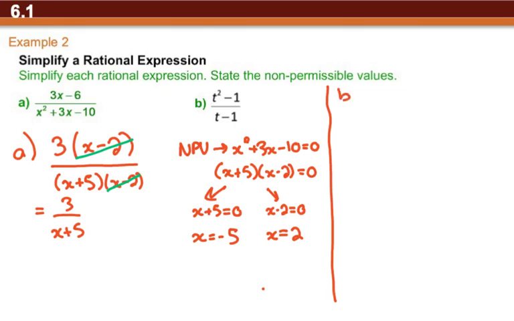Question B, again, we'll look to factor it. The top is t squared minus 1, which is a difference of squares. So we will end up with t plus 1 and t minus 1 on the top. The bottom, t minus 1, is actually not factorable. So looking at this, we need to look for things we can cancel off, and we can in fact cancel this t minus 1.